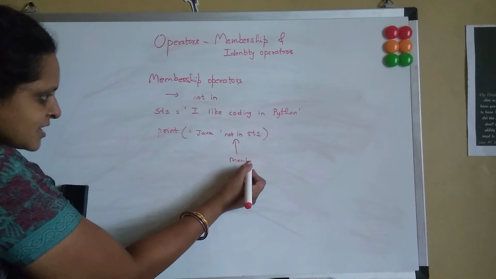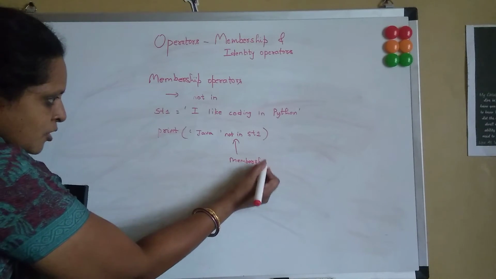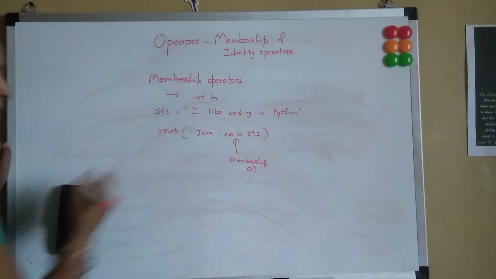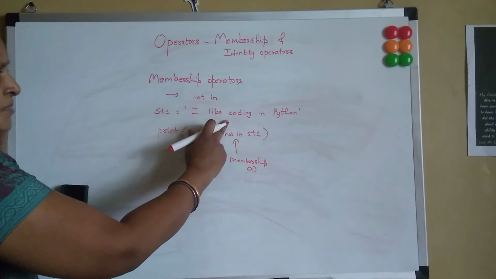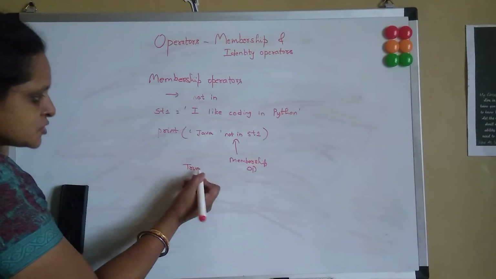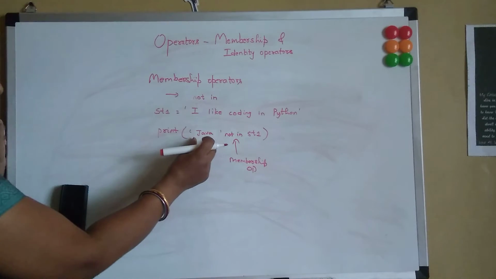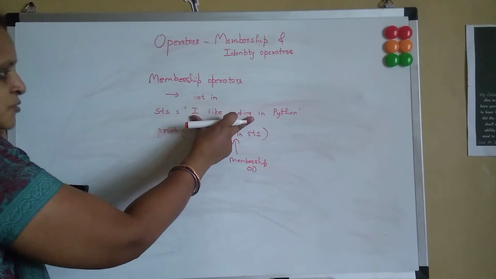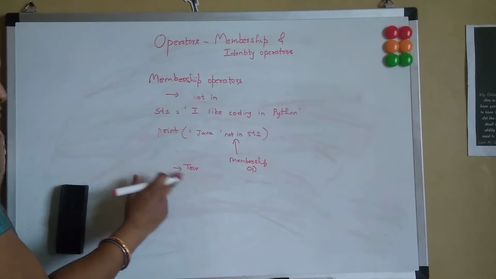Not in is the second membership operator. Since Java is not present in st1, it returns the value true. So if the value is not present in the sequence, it returns true.